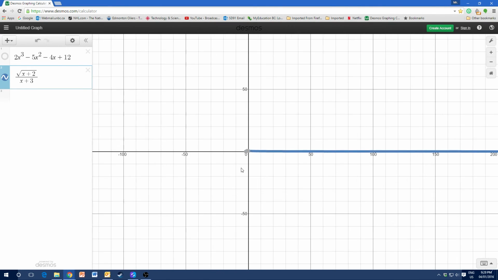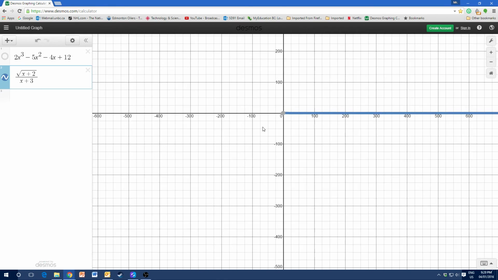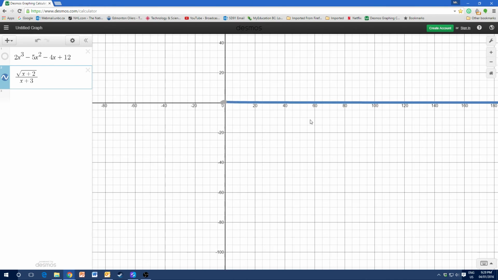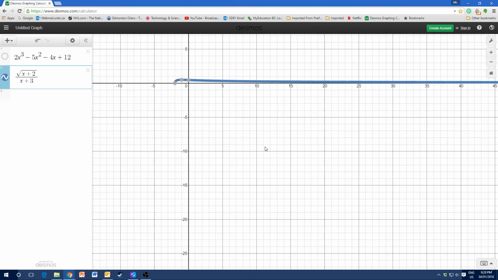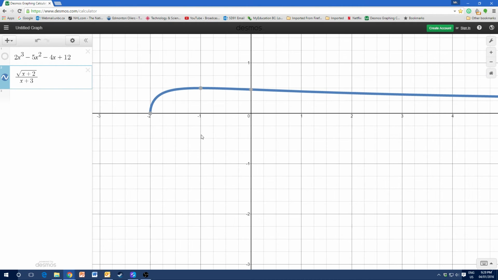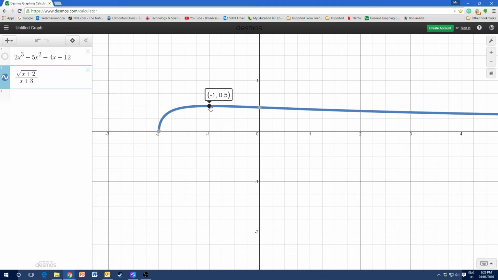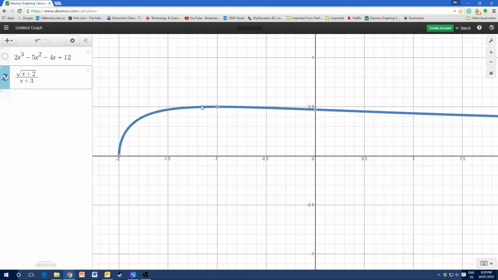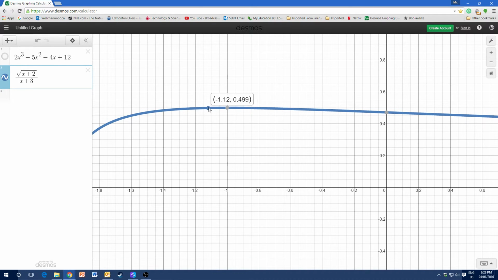I'm going to zoom out. And it looks like that's about it. So the range appears to be, based on the graph, this is the highest point, because everything else is lower than it. Yeah, everything else is lower.